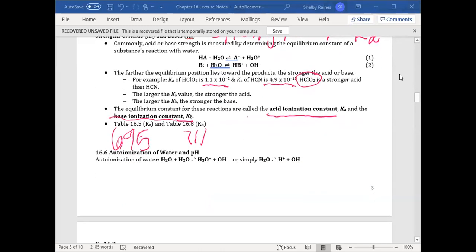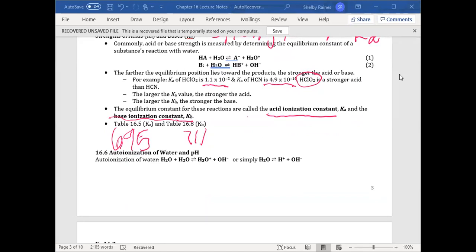The next part says auto-ionization of water. I mentioned earlier that water is amphoteric, meaning it can act as an acid or a base. Here shows you the auto-ionization of water.